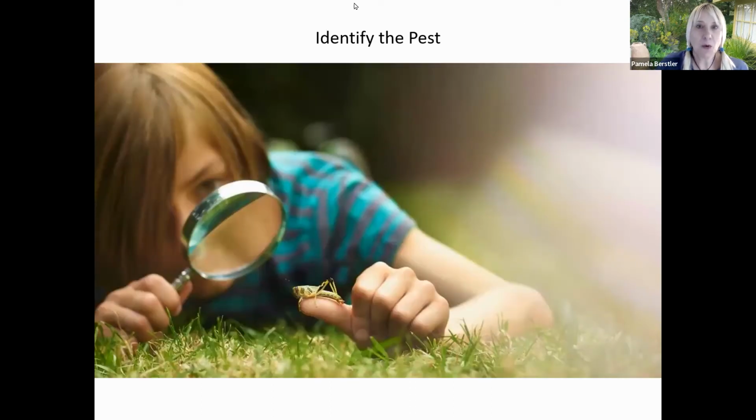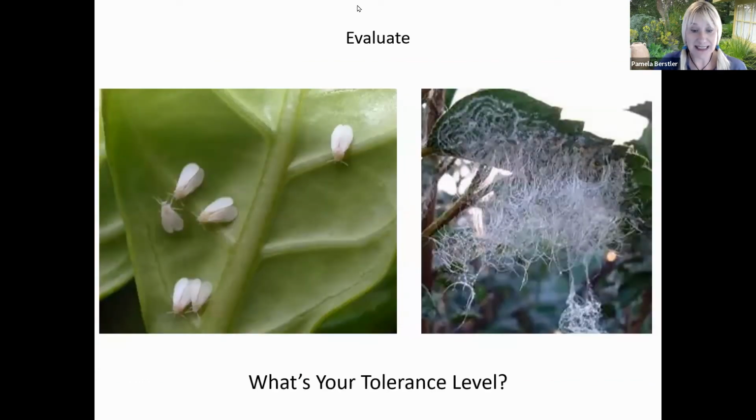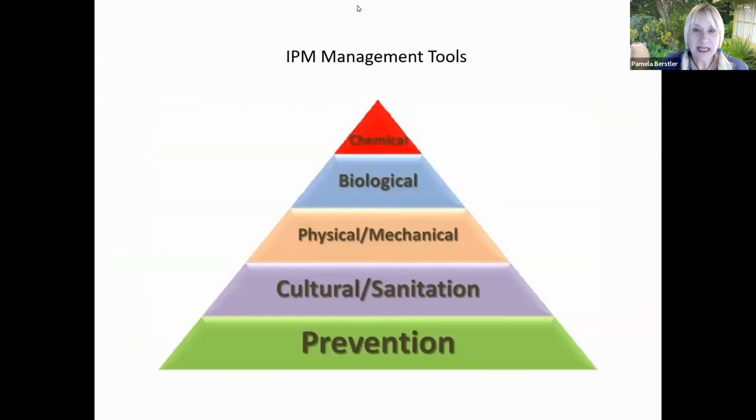One of the things that we need to do is identify the pest and decide whether it's a pest. And also, what's our tolerance level? Does it matter that there's a little bit of this or a little bit of that? Maybe not. And we have management tools at our disposal. It is at the highest point, but it means it's the last one.